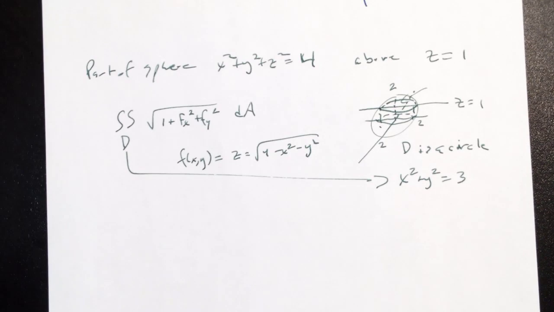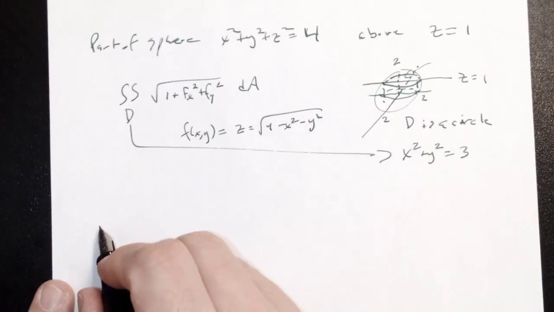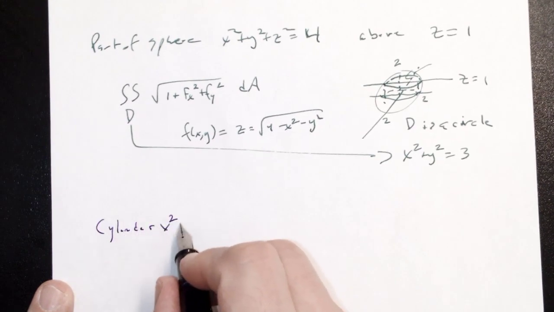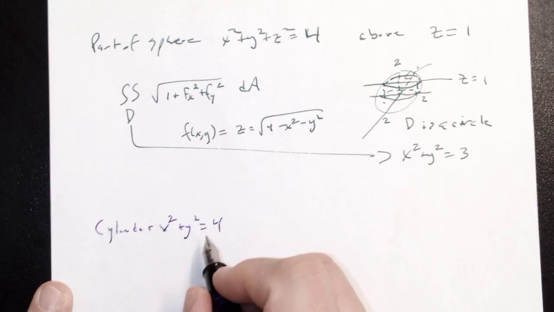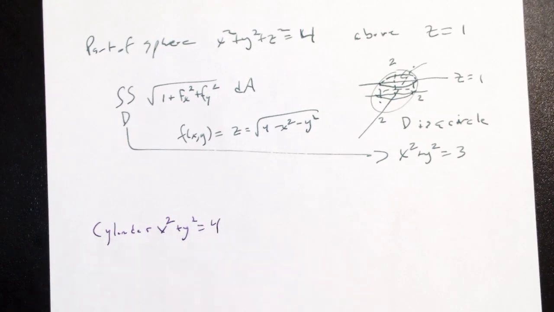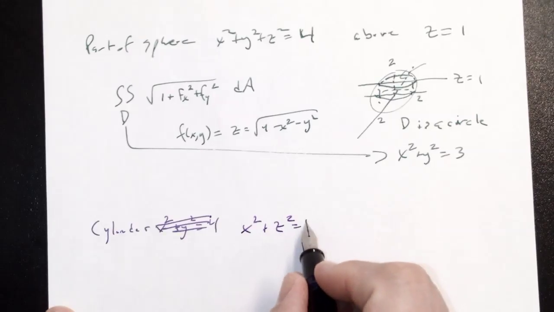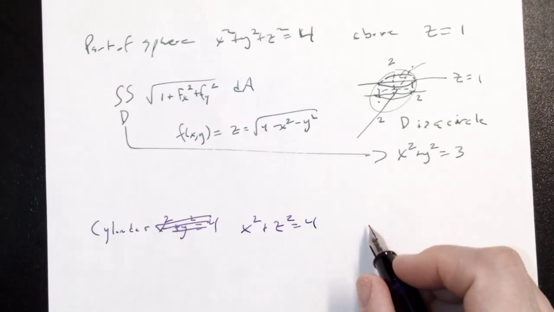The part of the cylinder that lies above the square. Okay, the cylinder in question, what was the equation of the cylinder? B squared. And then what's the square? A rectangle?